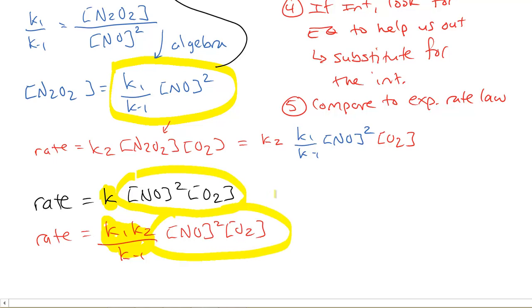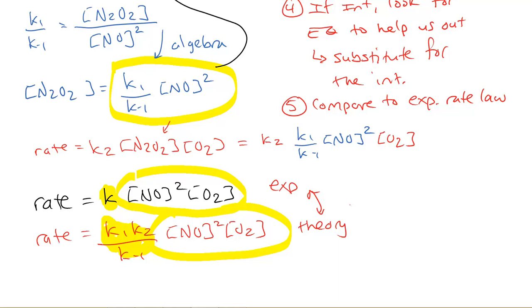These are identical. Therefore, we've been able to show that our experiment matches our theory. And what we now have is a valid mechanism. It adds up to the overall reaction, and it also matches our experimental rate law. Putting those two things together means it's a valid mechanism.